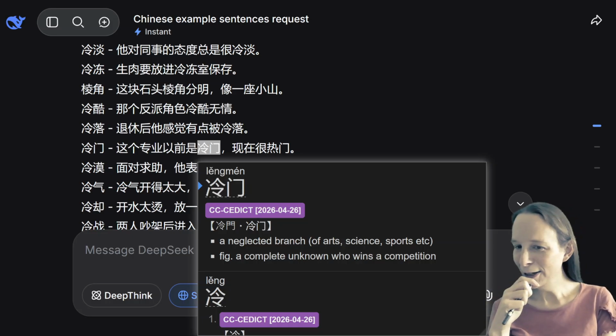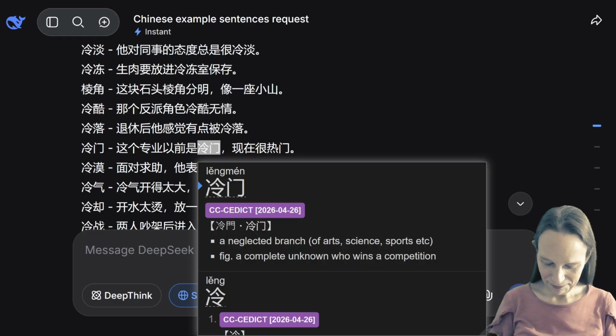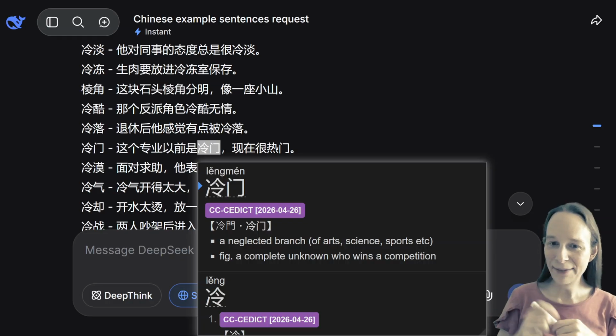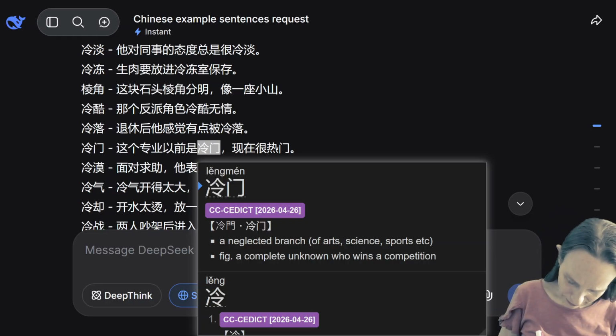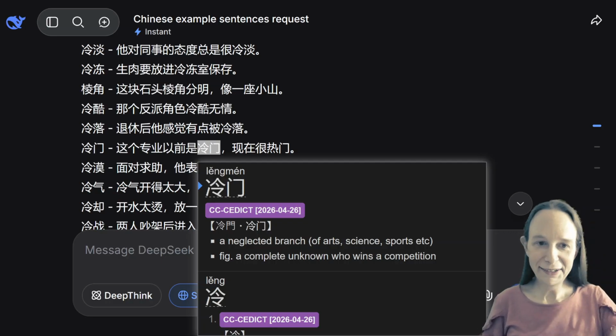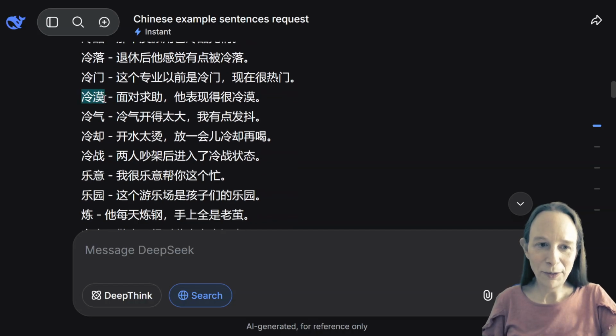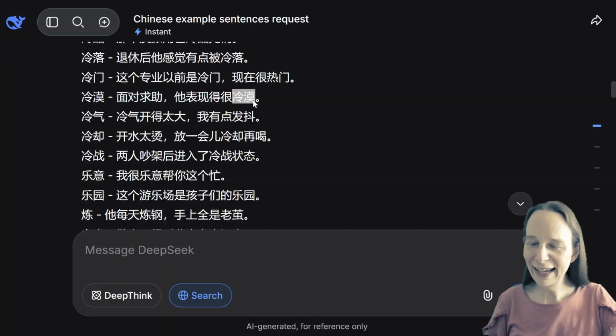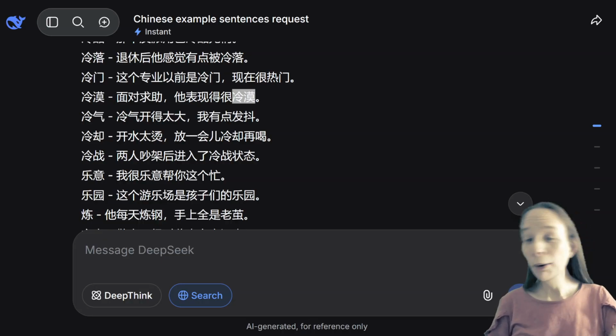If it's a very hot topic, you may have a lot of competition. 冷门. All right, so an antonym of 热门. All right, that one's a new one for me.